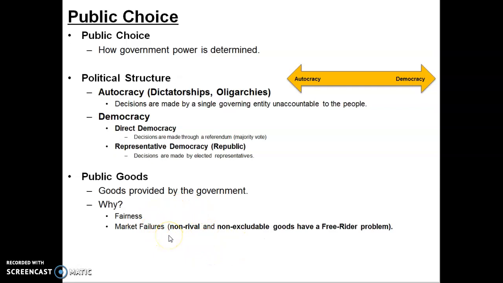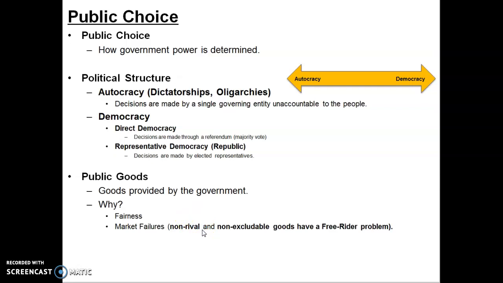Non-rivalry means that many people can simultaneously benefit from the good. So if we look at an interstate highway, well, many people can use an interstate highway at the same time. So once you build it, a lot of people can simultaneously benefit.